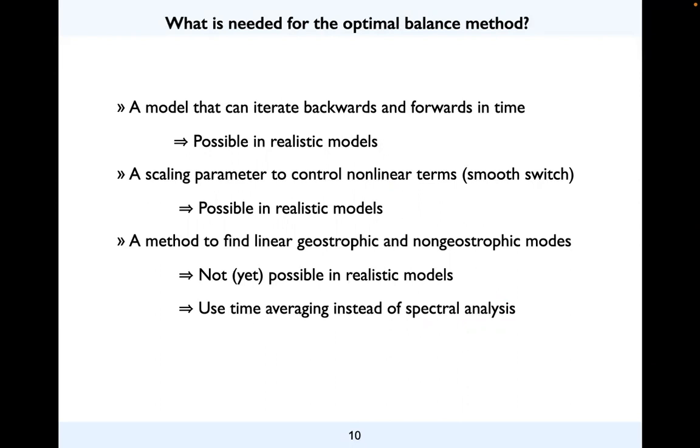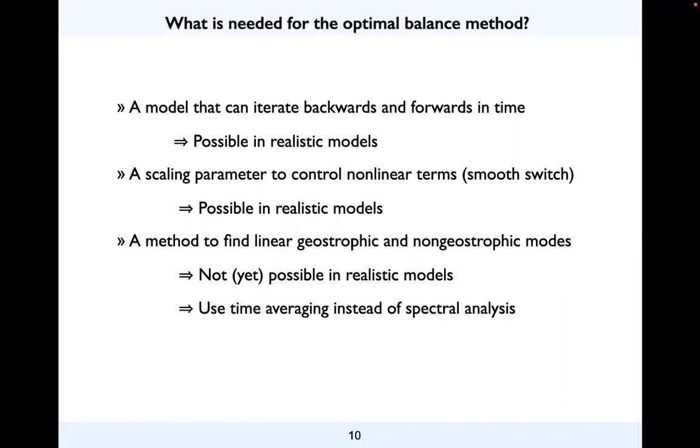First, we need a model that we can iterate backwards and forward in time. And that usually is not a problem in realistic ocean models. We have friction and dissipation, which might be a little problem because we can't iterate backwards for these cases, but we can just switch them off. So these are minor problems. Then we need a scaling parameter so that we can ramp the nonlinear terms, which is also not a problem, it just needs to be programmed.